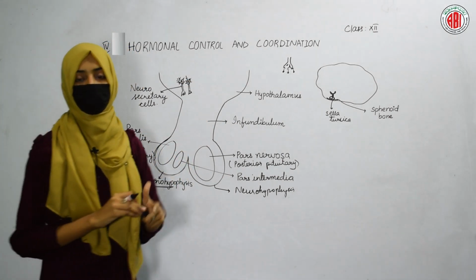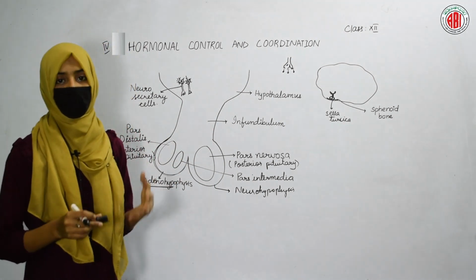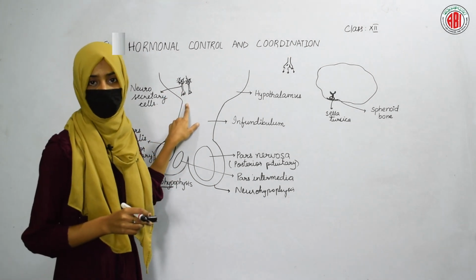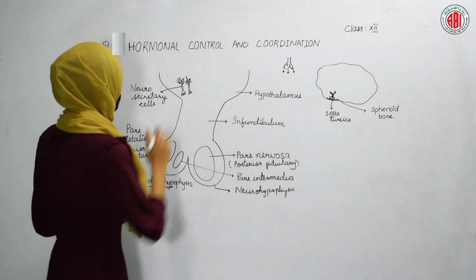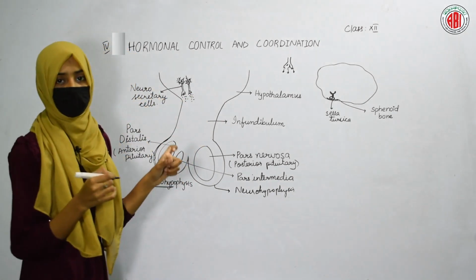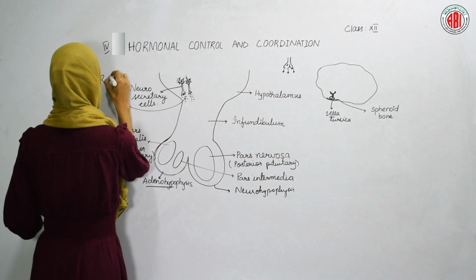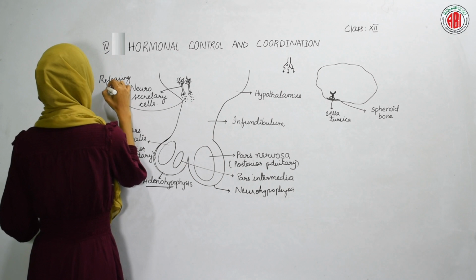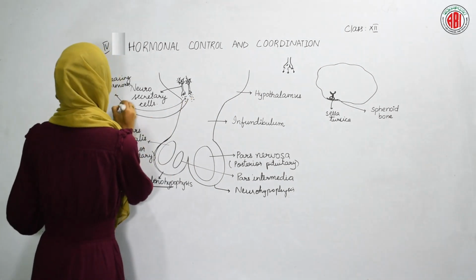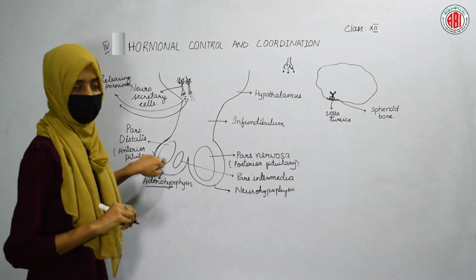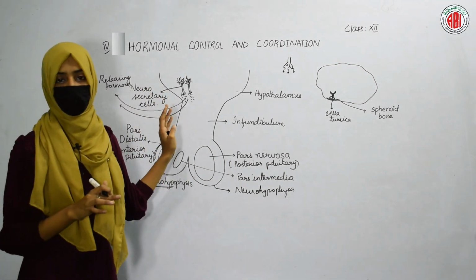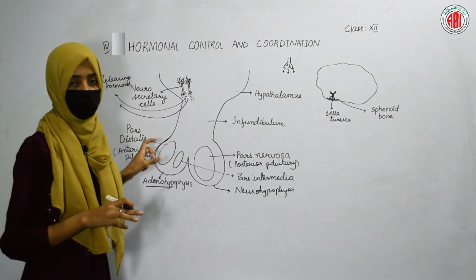We know that whenever a signal has to be generated in order to release a hormone or in order to inhibit the action of a hormone, some chemicals are released out of these neurosecretory cells. These chemicals either stimulate the pituitary gland to release certain hormones, and we call those hormones releasing hormones, or they stimulate the pituitary gland to inhibit the secretion of hormones, and we call those inhibiting hormones.